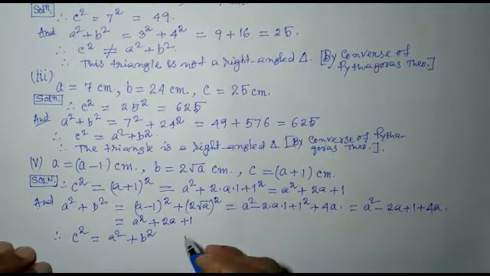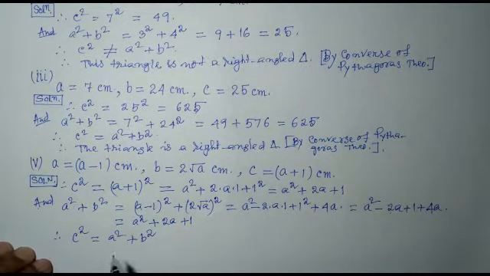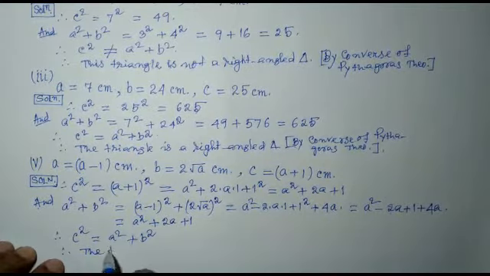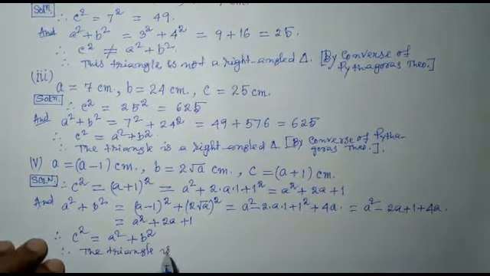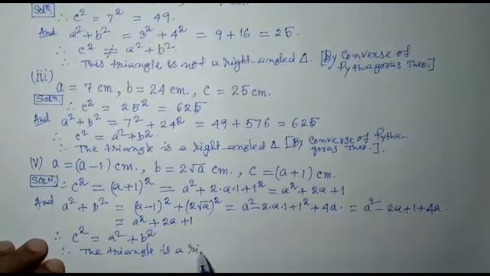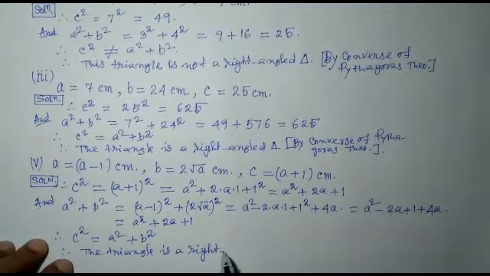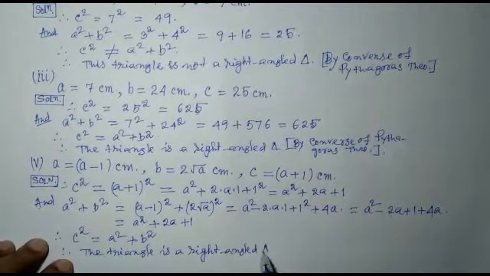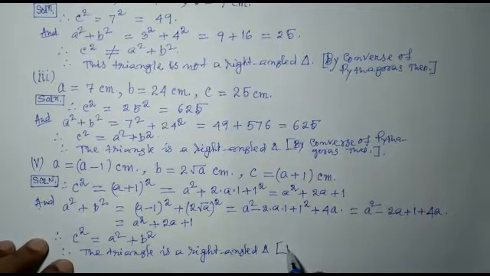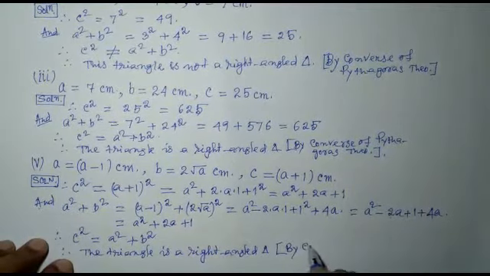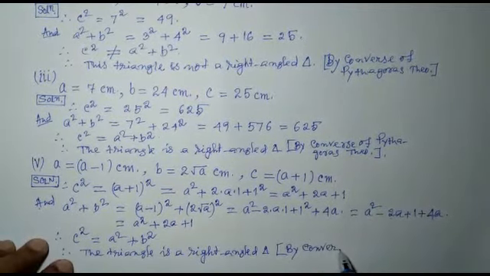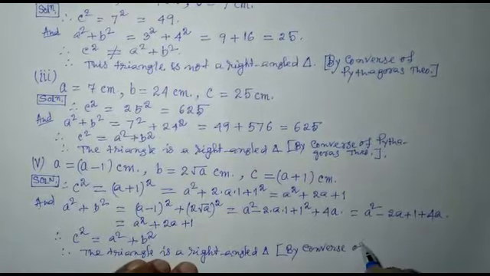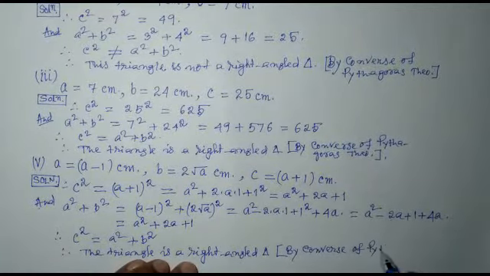And if they are equal, as before, we can say the triangle is a right angled triangle, by the converse of Pythagoras theorem.